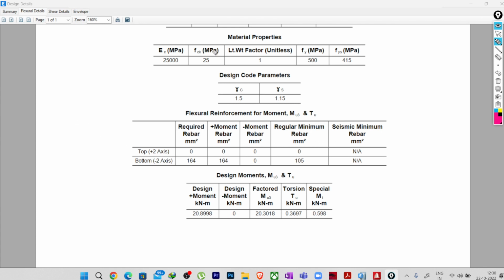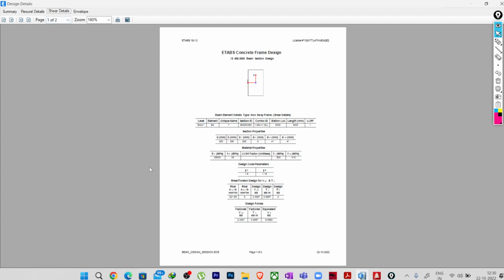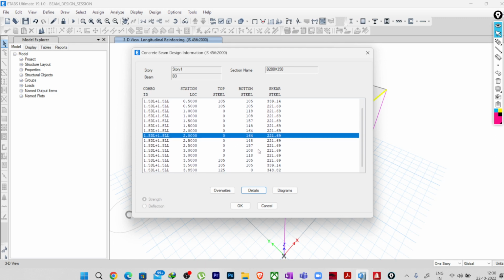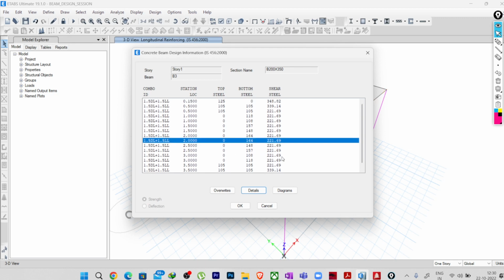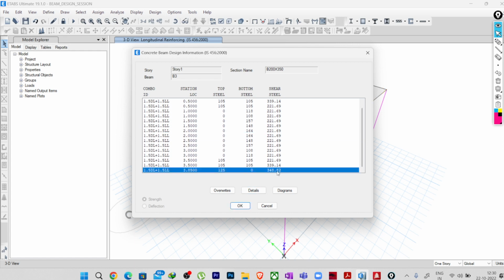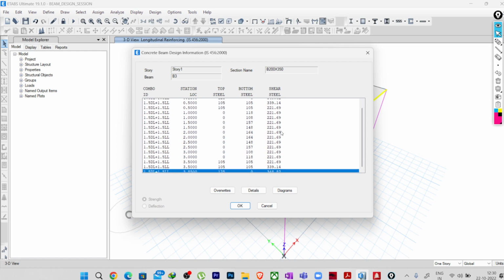I think here we are checking the shear for the end zones. It will not match. So for this, we need to close this and go to any end. Suppose the maximum shear where we are getting 221. So it is showing, I think here. Okay, 348. Yeah, 348.